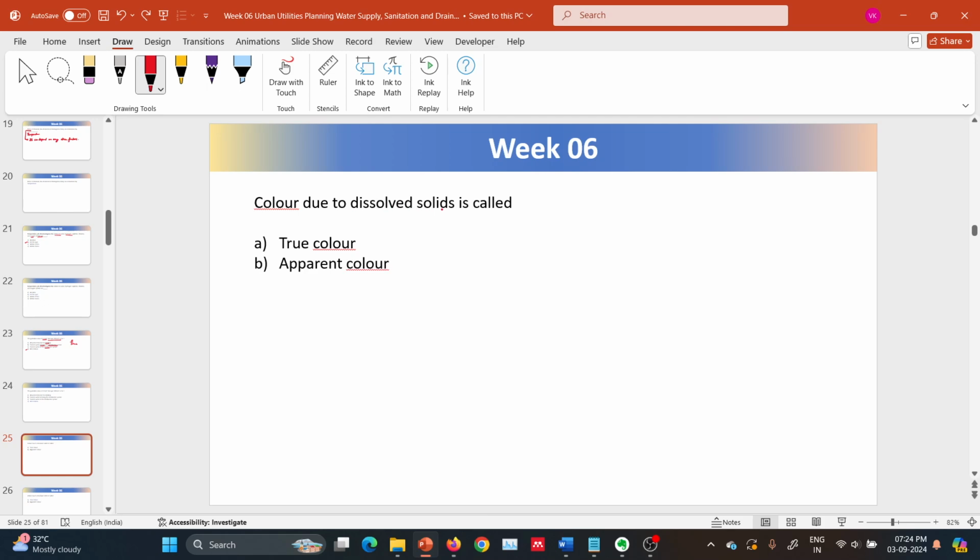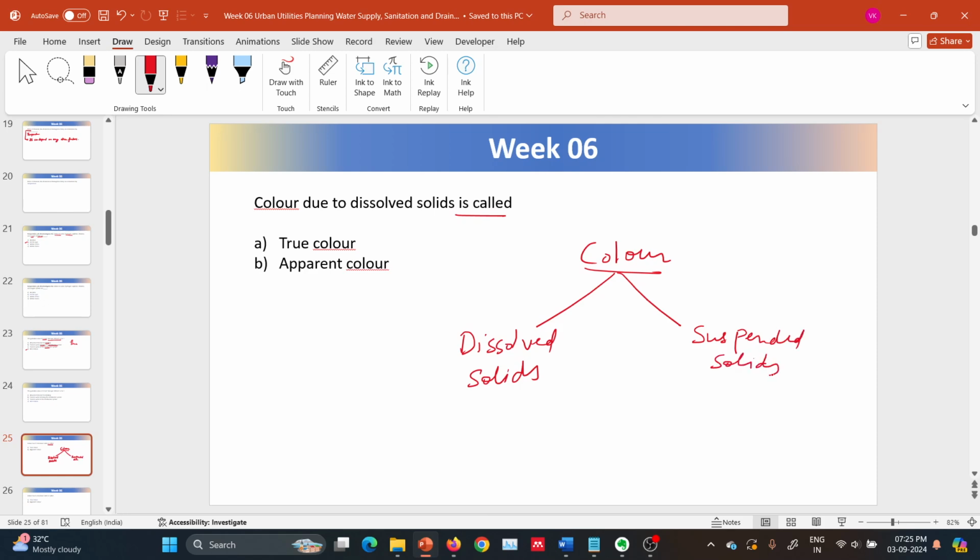Color due to dissolved solids is called true color. So the water can have color due to dissolved solids and suspended solids. Collectively they both will impart color.